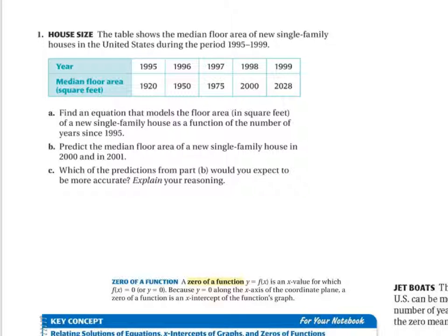All right, so it says the table shows the median floor area of new single-family houses in the United States during the period of 1995 to 1999. So these are the years, these are the square feet. It says find an equation that models the floor area in square feet of a new single-family house as a function of the number of years since 1995.